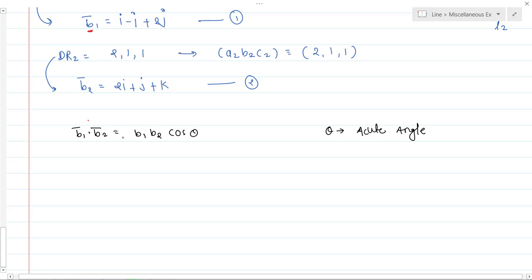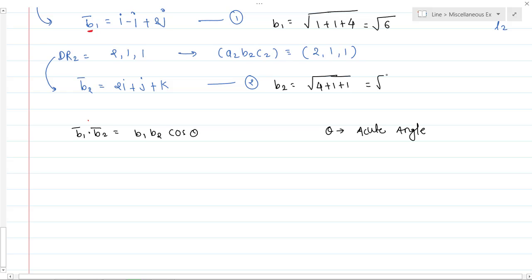Okay, so let's first find b1 and b2, which are nothing but the magnitudes of b1 bar and b2 bar. So b1 becomes root of 1 square plus 1 square plus 2 square, which is 4, so it is nothing but root 6. What about the second? b2 becomes root of 4 plus 1 plus 1.